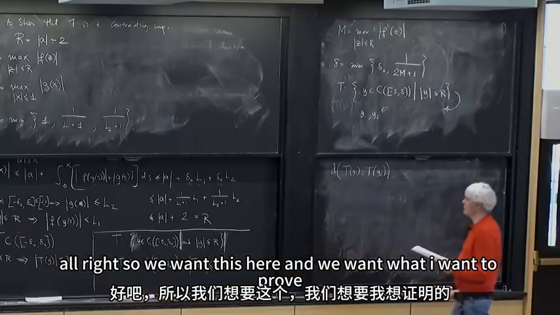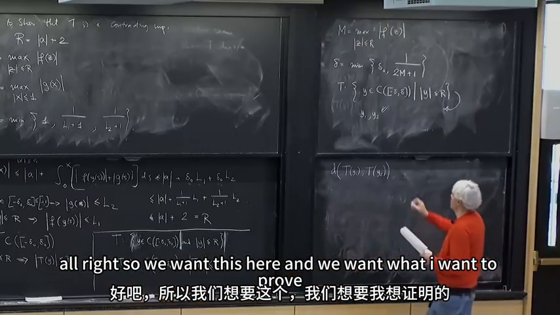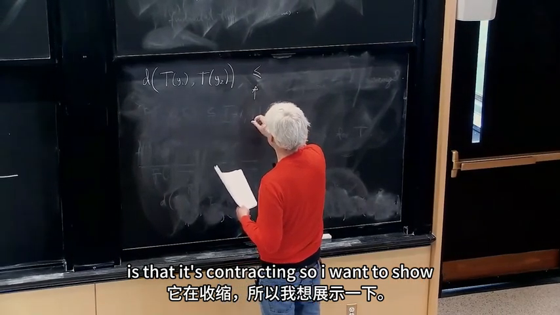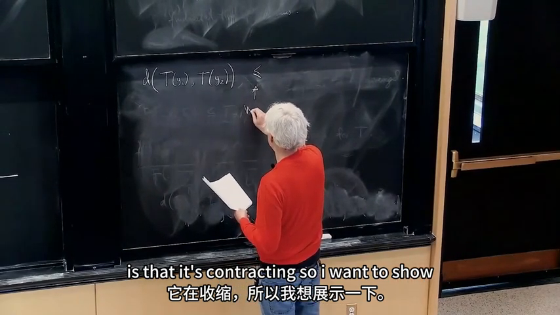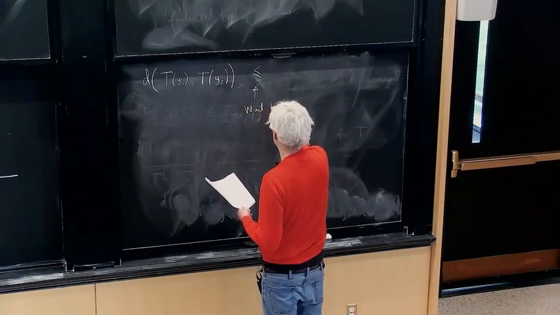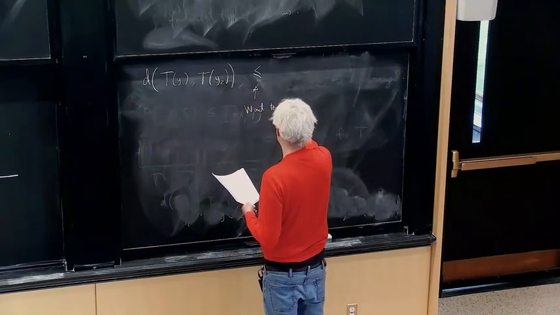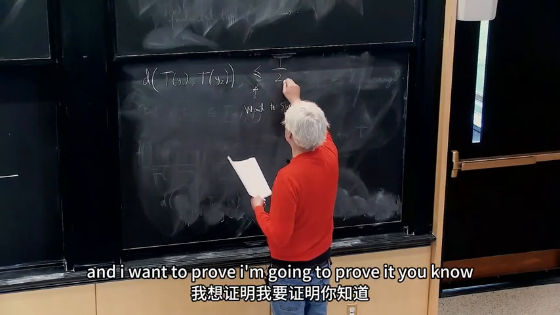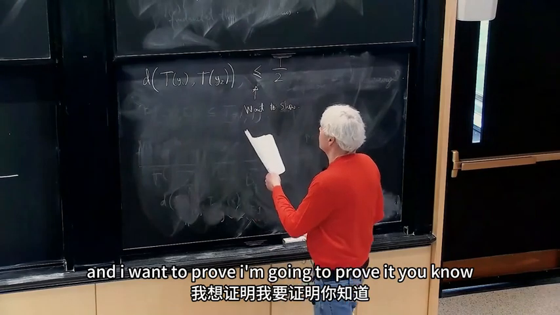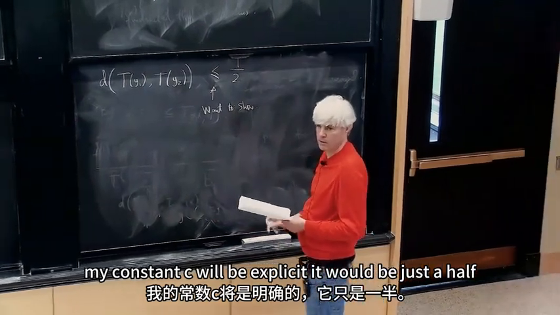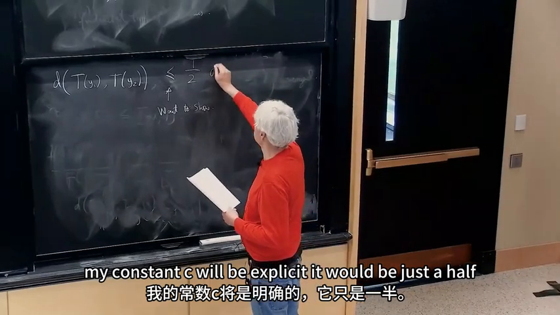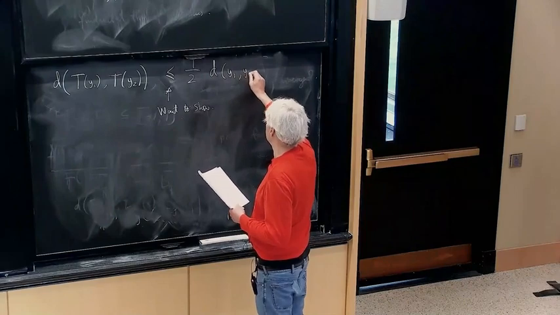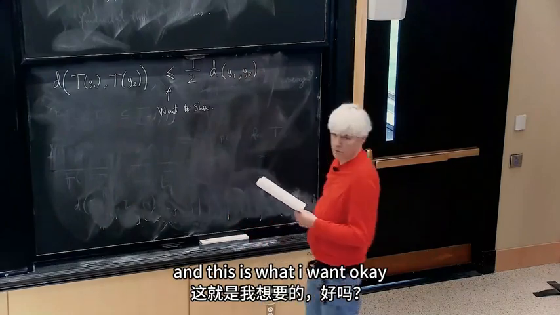Right, so what I want to prove is that it's contracting. I'm going to prove it, and my constant C will be explicit. It will be just a half. So that certainly is less than 1. And this is what I want.